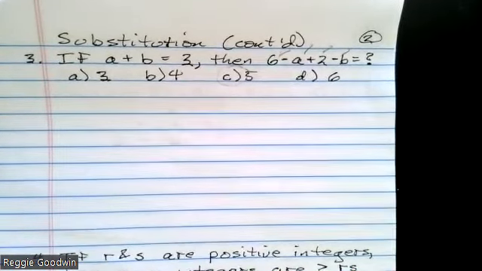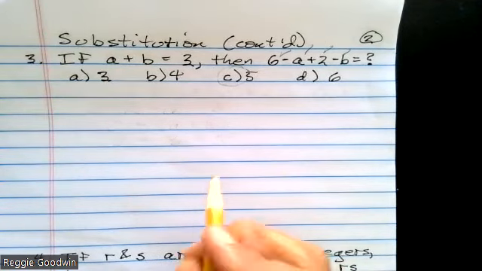This doesn't look like a substitution equation, but you're given all the information that you need to solve it. You're given that if a plus b is equal to 3, then 6 minus a plus 2 minus b equals something, one of these options. I've already circled the option, it is C, but now I'm going to go through the steps.